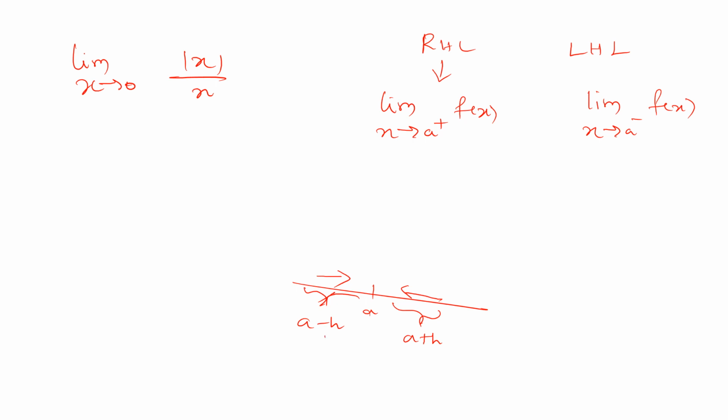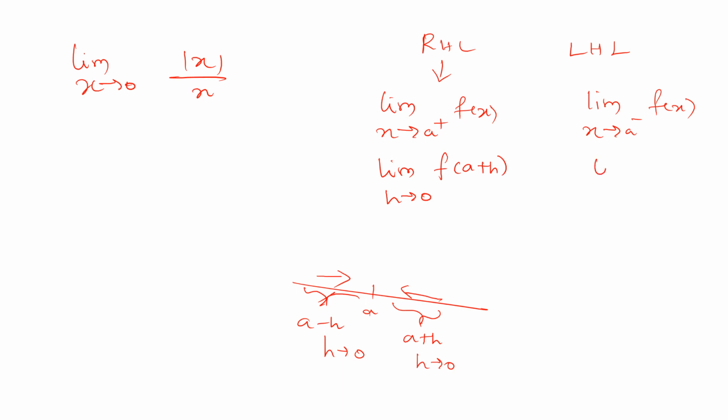So h tends to 0. Similarly, A plus h will slowly approach the value A, so h tends to 0. So we can write limit h tends to 0, where the right side points of A, x, will be replaced by A plus h.